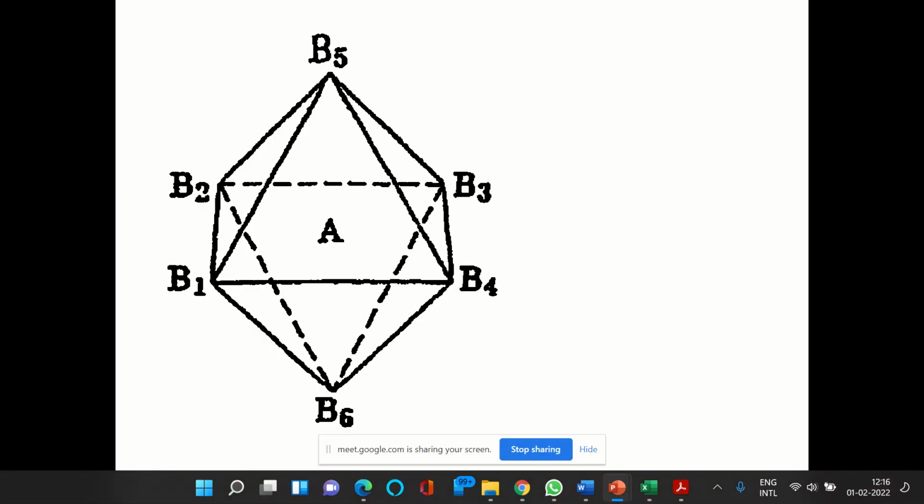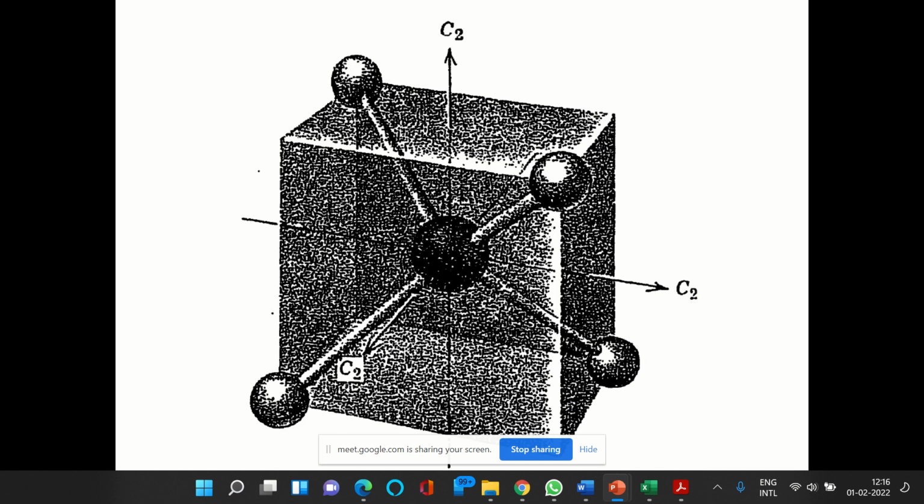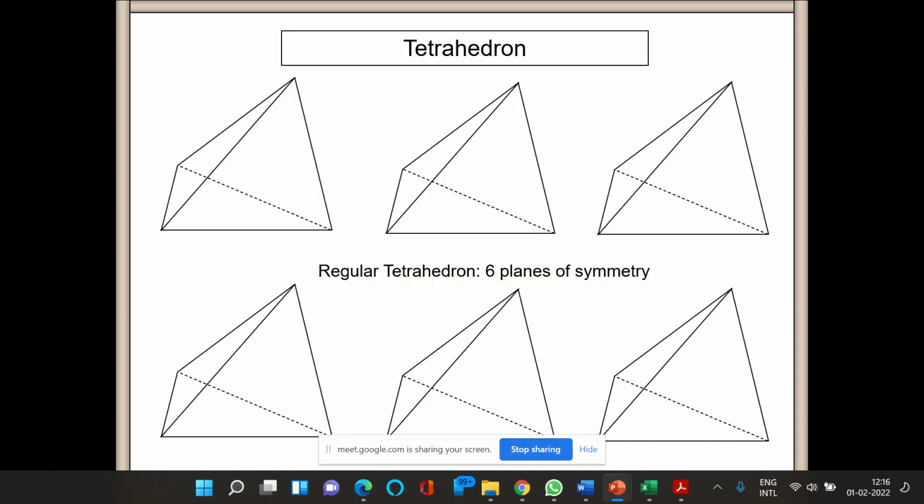So last class we devoted the whole time of the class on understanding the plane that you see in a tetrahedron. So in a tetrahedron you can imagine 6 planes.